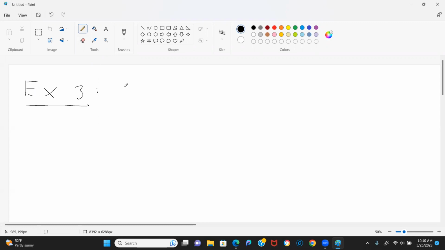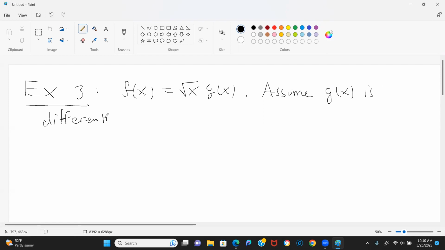So we have example 3, and this is going to be f of x equal to square root of x times g of x. We're going to assume g of x is differentiable, and we're also assuming that g of 4 is 2, and g prime of 4 is 2.